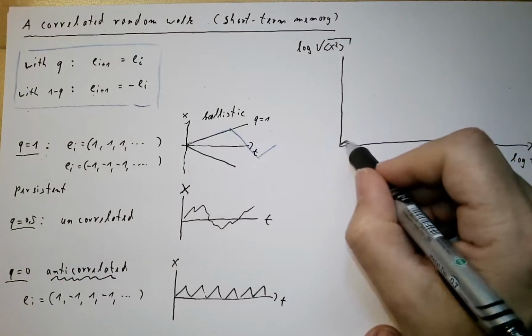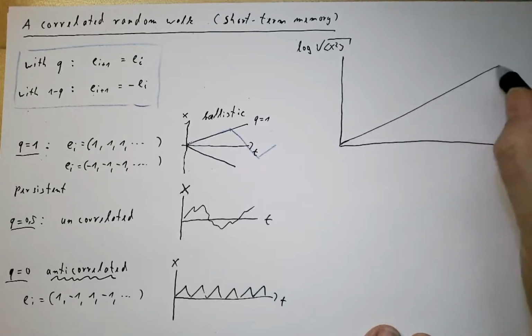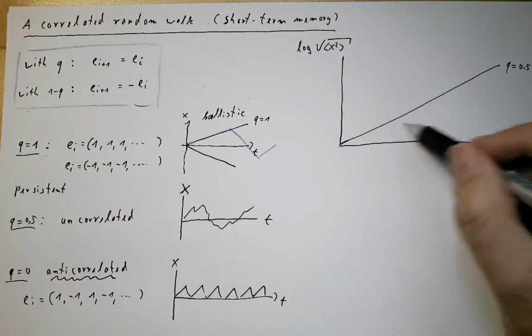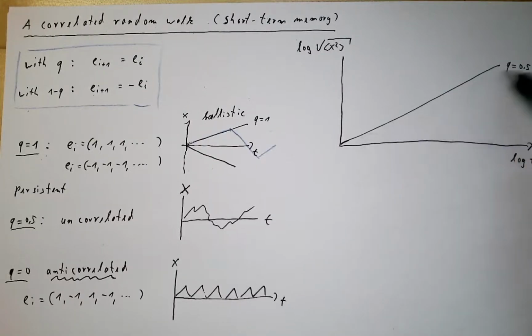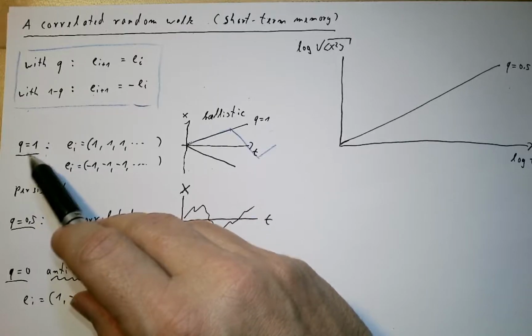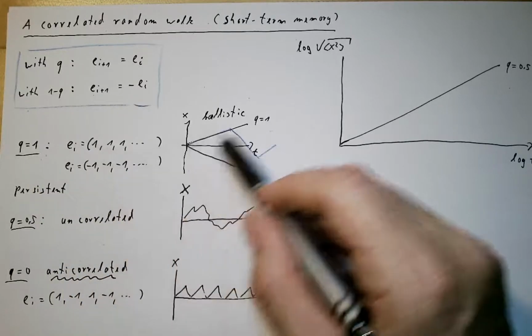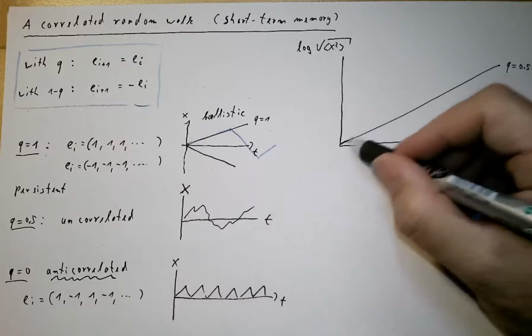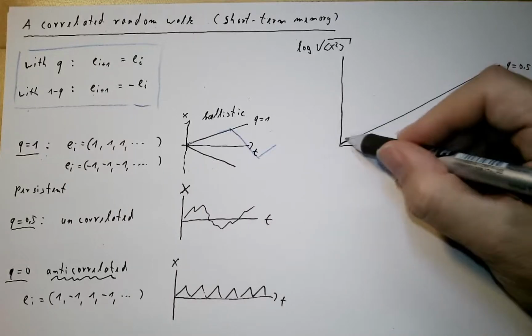So we increase here with the slope. So that's q equal 0.5, and we have a straight line with a slope 1/2, because that's the diffusive behavior. Now for the q equal 1 case, we have something different because we go ballistically.